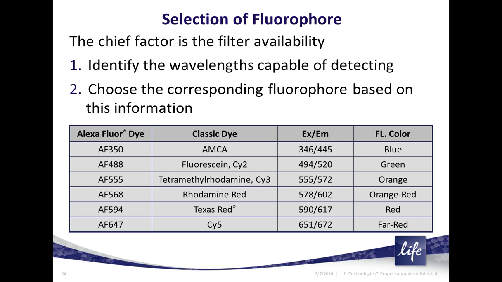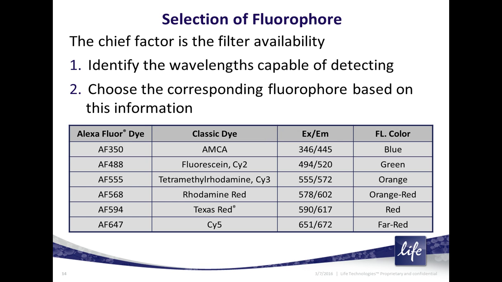Very common wavelengths might be the DAPI wavelength or Alexa Fluor 350. That's your typical blue wavelength for a DAPI filter. Fluorescein or Alexa Fluor 488 for green. Orange would be like Alexa 555 or tetramethylrhodamine. Red could be in the TRITC wavelength or rhodamine red or Alexa 568, or Texas red or Alexa 594.